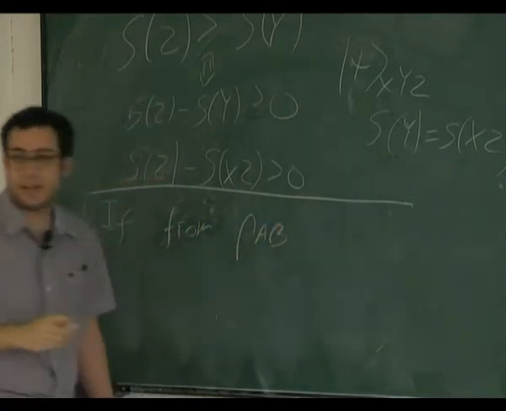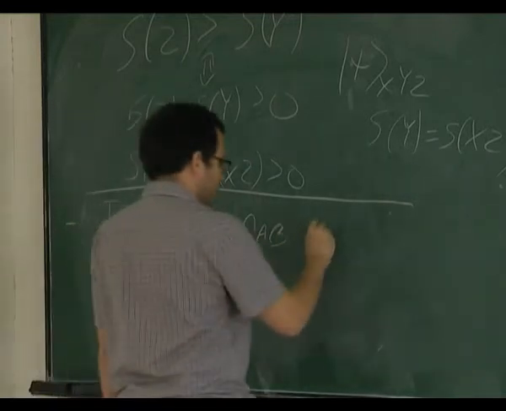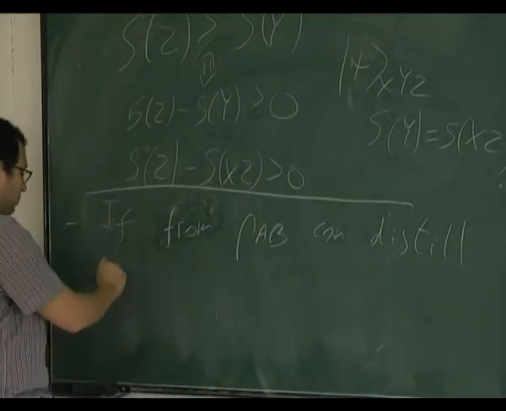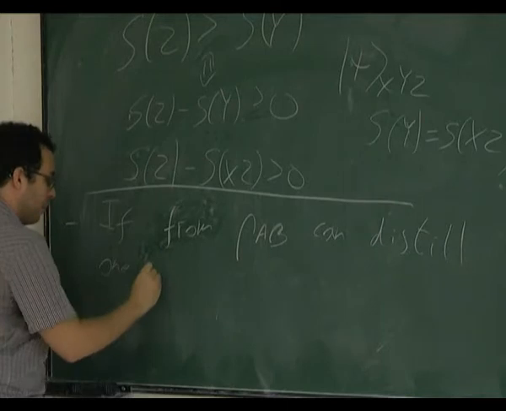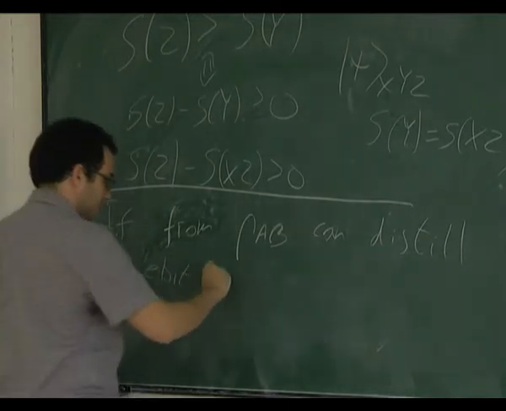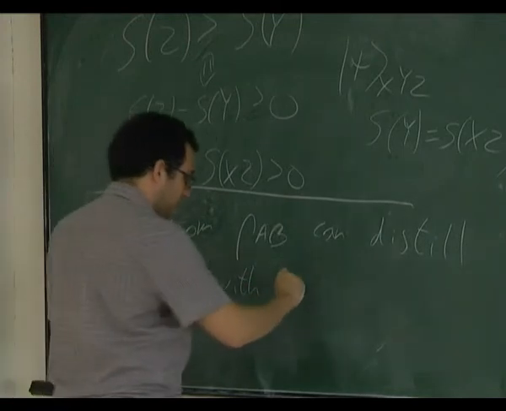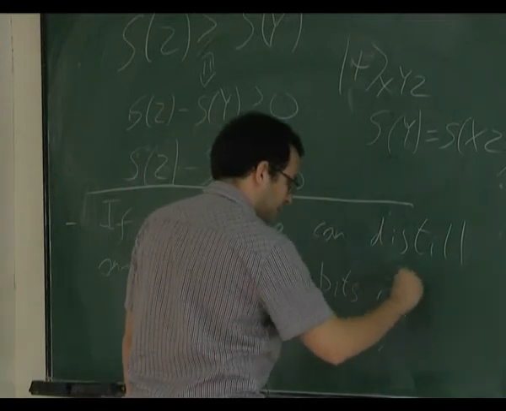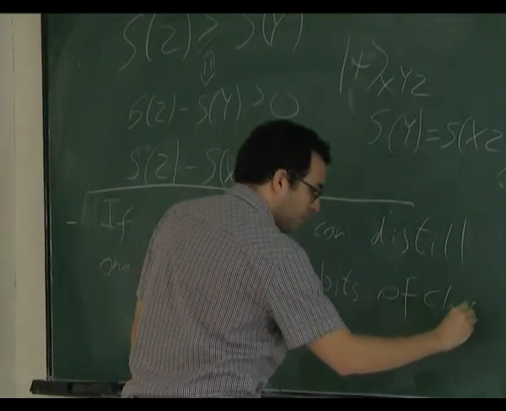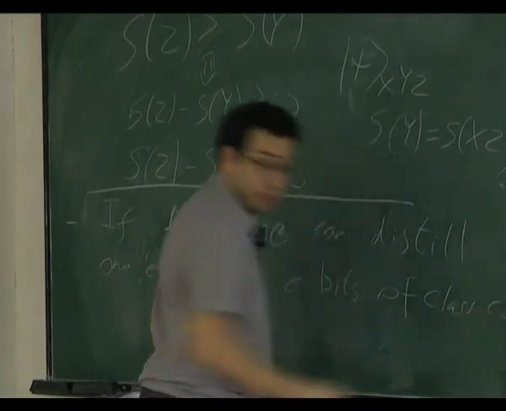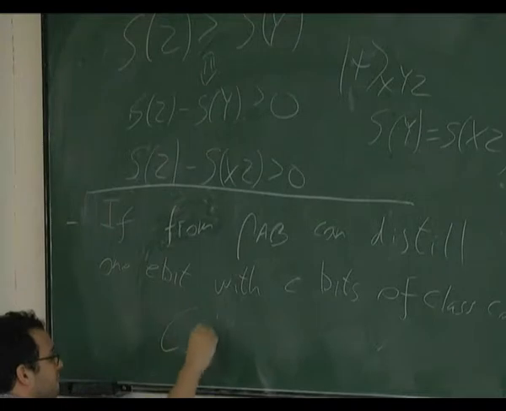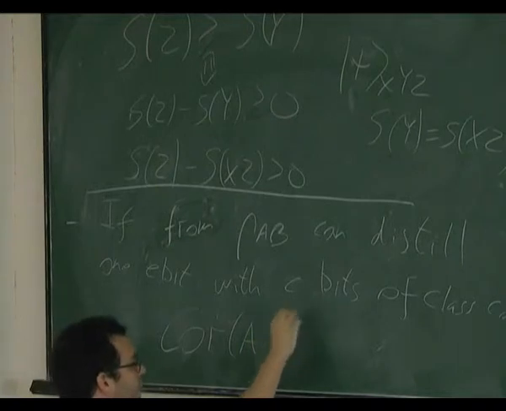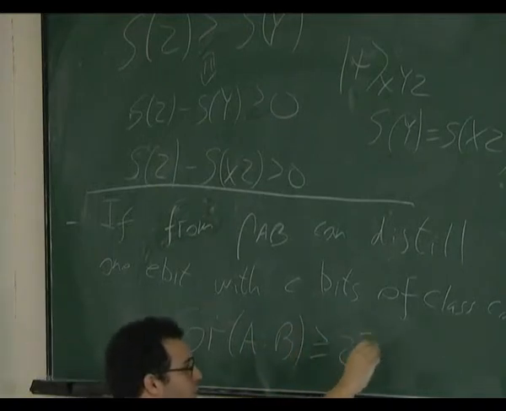If from rho AB we can distill at least, maybe more, one EBit, one EPR pair, with C bits of classical communication, then the correlation between A and B must be bigger than 2 to the minus C, roughly.